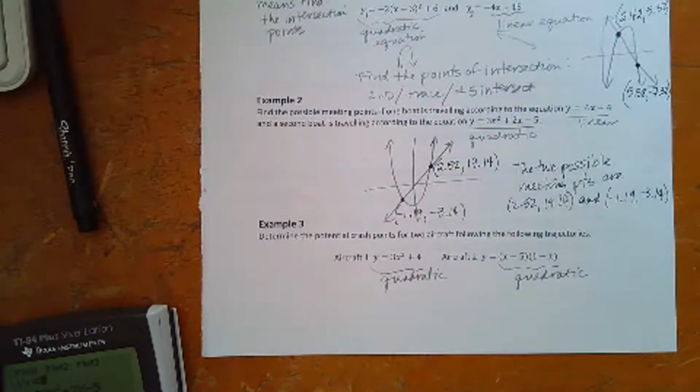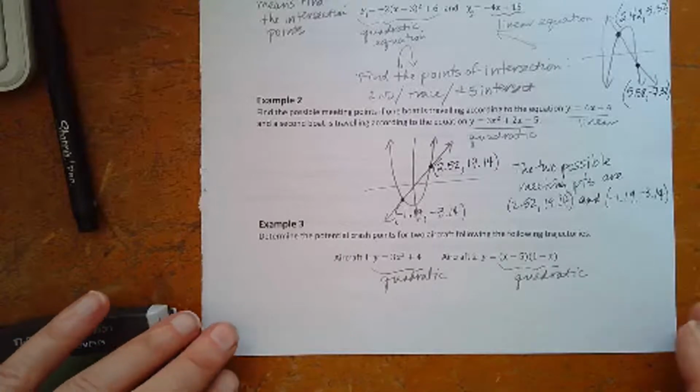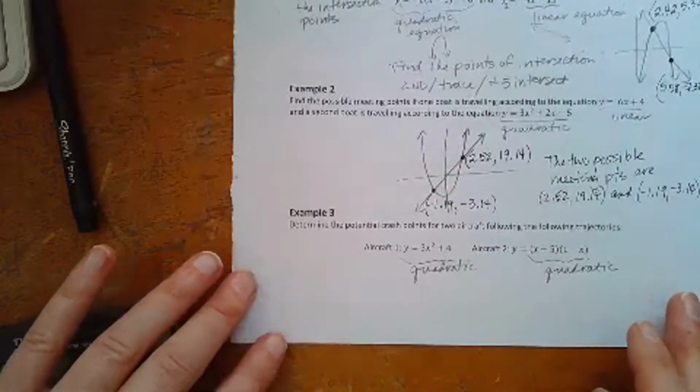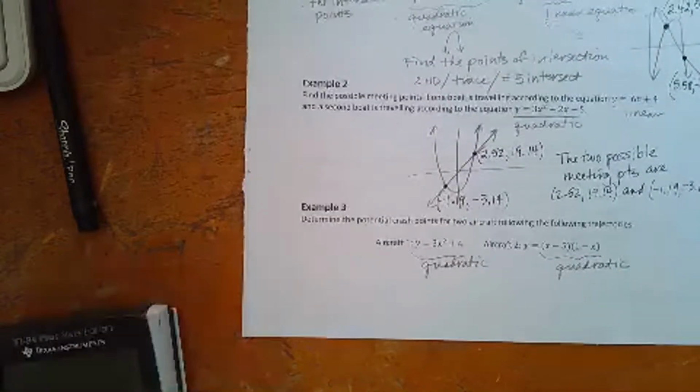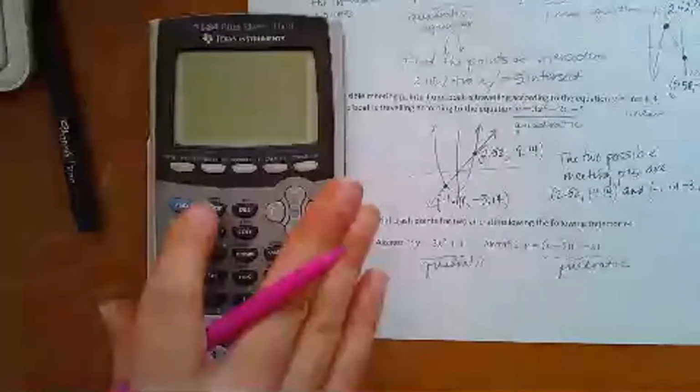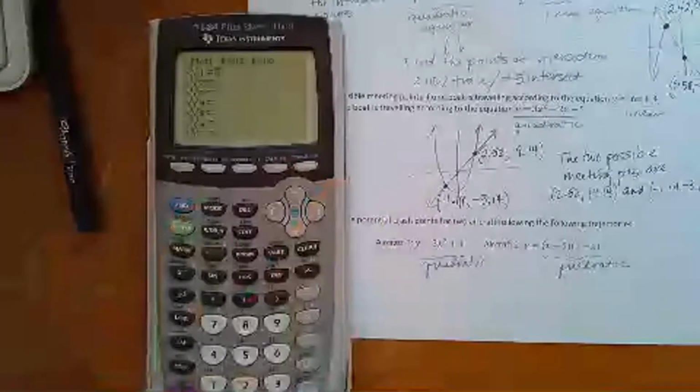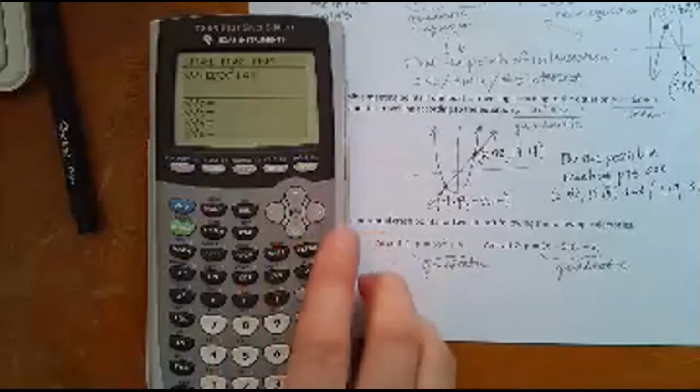Let's see how these two meet. So let's first take a second to clear our calculator out. Okay, so let's see what we get here. Let's move this over. I've got my y1 statement, 3x squared plus 4.